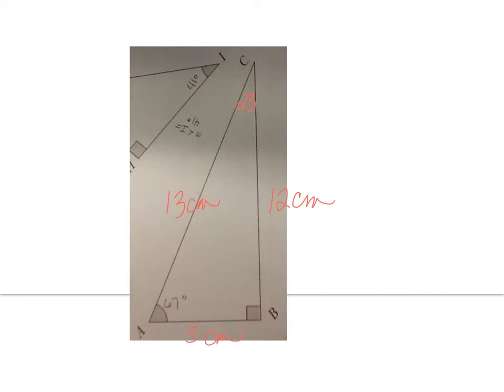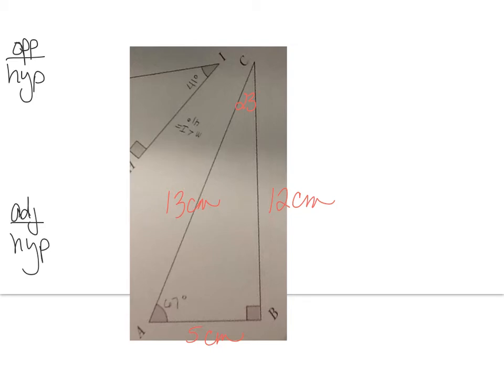Okay, so I've measured both angles and then taken my ruler and measured each side in centimeters. Now if you're looking at your table right now, it's asking you to do opposite over hypotenuse and adjacent over hypotenuse.